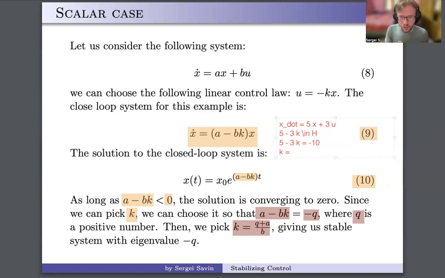Then k would be equal to minus 10 plus 5, all divided by b. So in this case, by 3, which is minus 5 thirds, right? Is that correct?